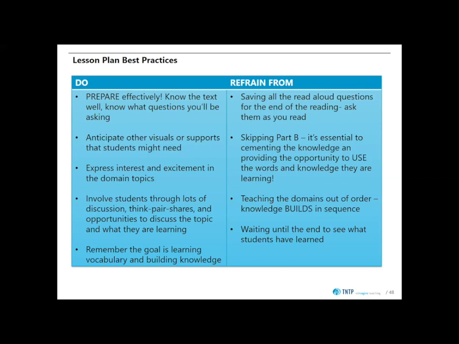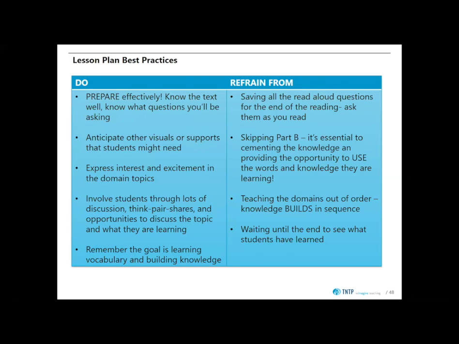To that end, express interest and excitement in all the domain topics. Whether or not you personally are very excited about early civilizations, your excitement and enthusiasm will directly relate to how excited students are. Also make sure to involve students. Lots of discussion. Think pair shares. Time to draw or write to discuss what they are learning.